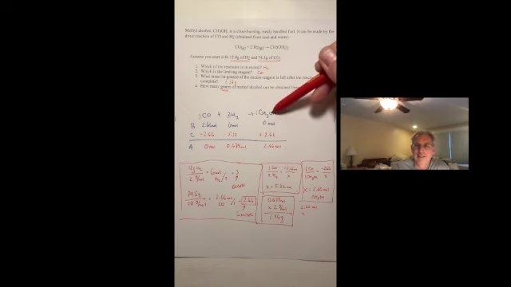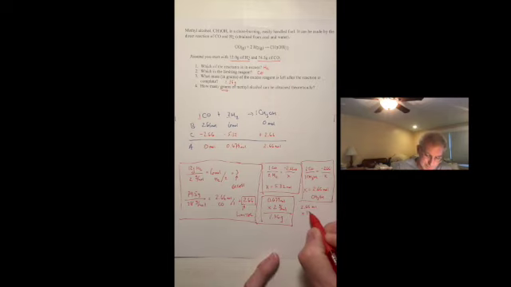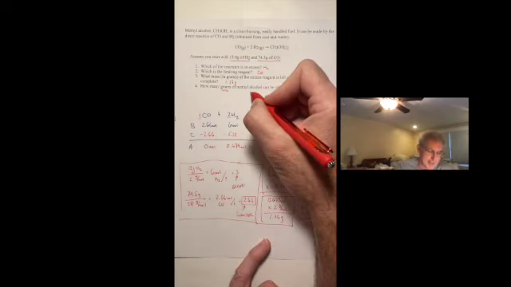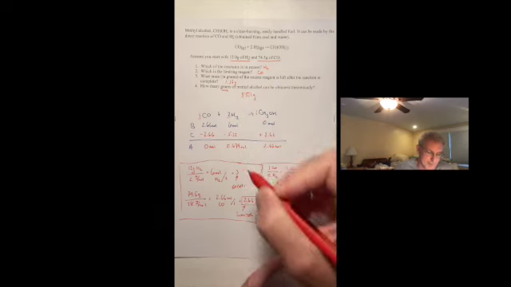Oxygen is 16, so that's 31, and another hydrogen is 1, is 32. So 2.66 times 32 grams per mole is going to give me 85.1 grams. So in the end, I can say that I wind up with 85.1 grams of methanol.